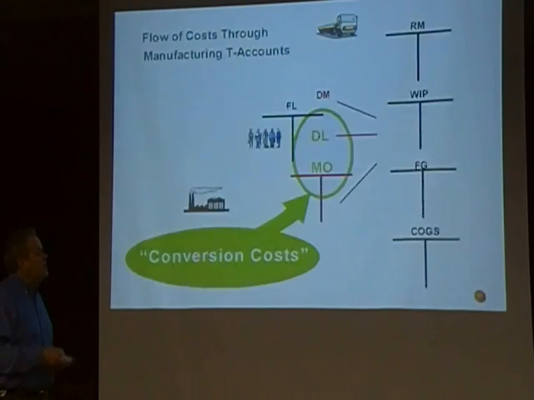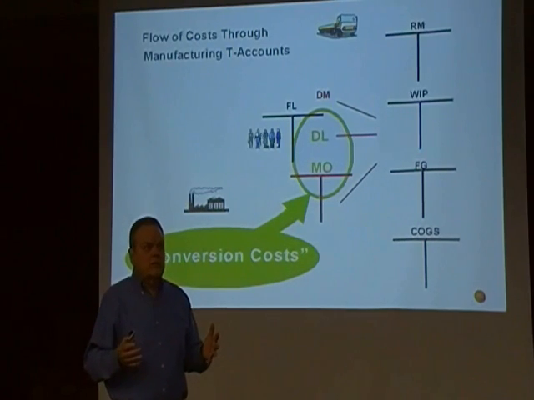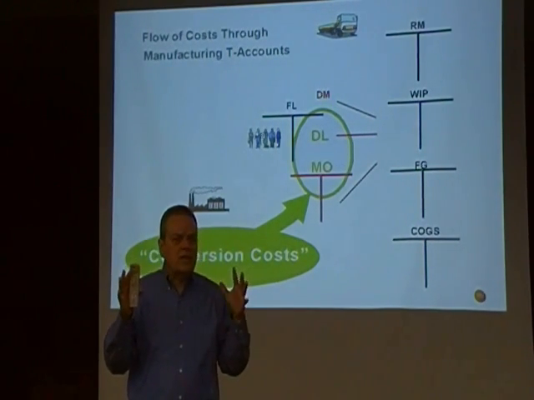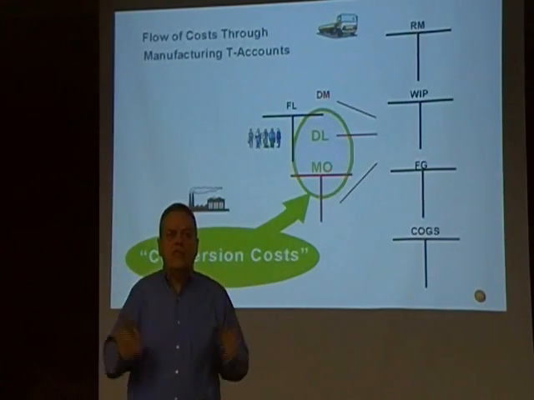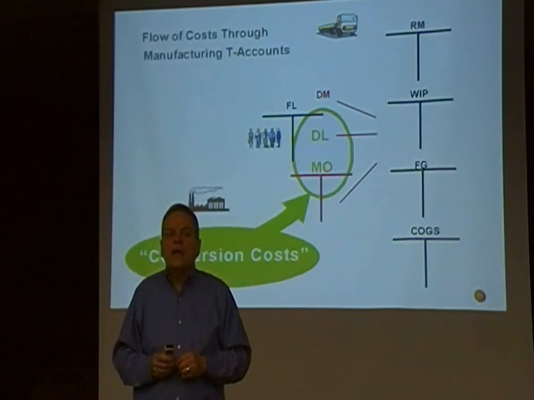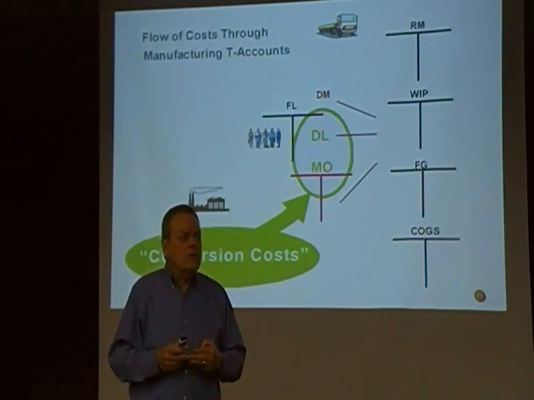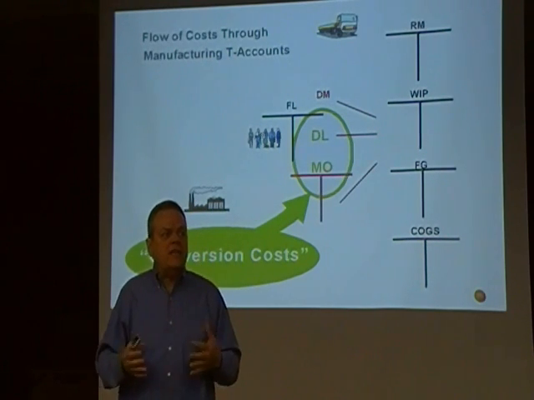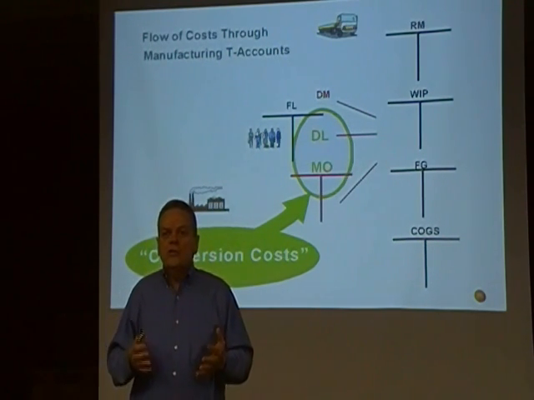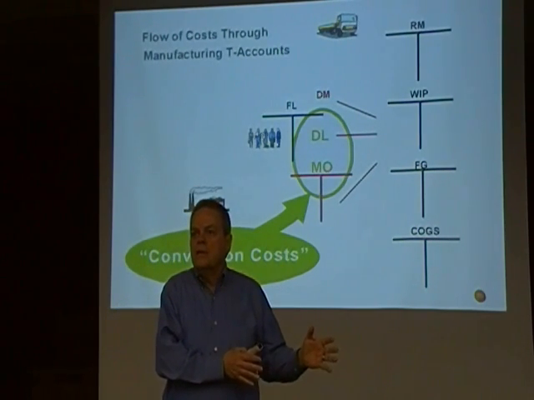So, let's talk about an idea called conversion cost. While we're on this subject of this diagram and the flow of cost through the accounts, let's get us a definition that we need to know later. There are 3 elements of cost: materials, labor, and overhead. 2 of those represent activities that we enter into to turn a raw material into a finished product.